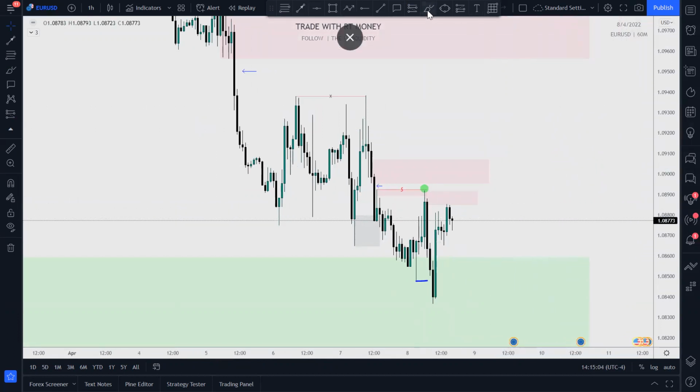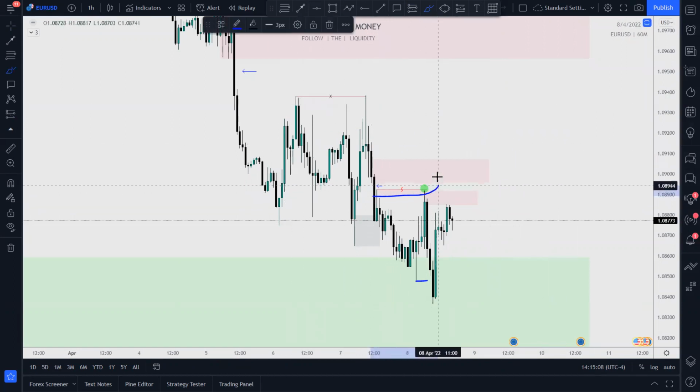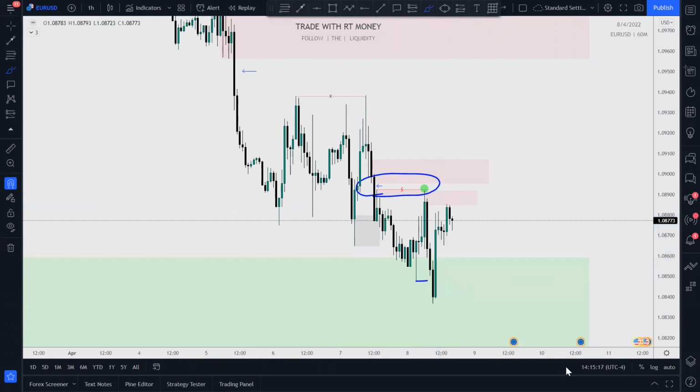So what am I looking at? We're looking at the equal highs as a target. We've had a very nice bullish engulfer here.